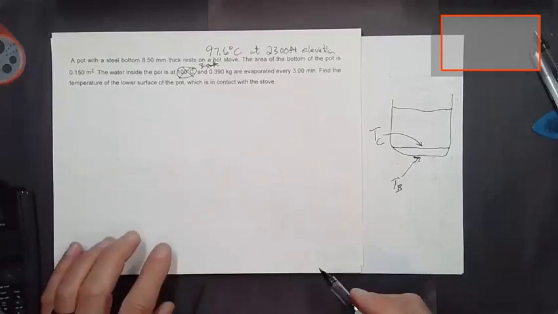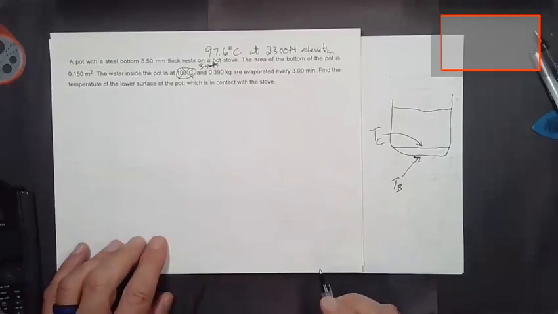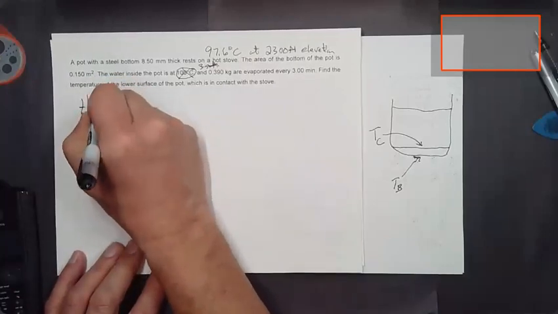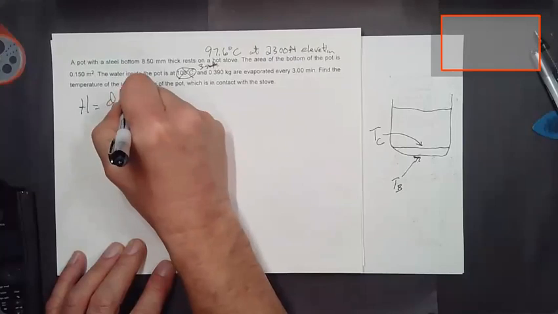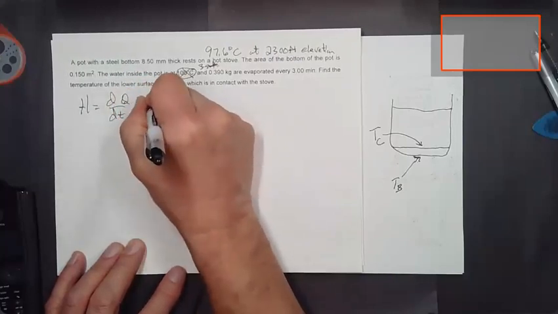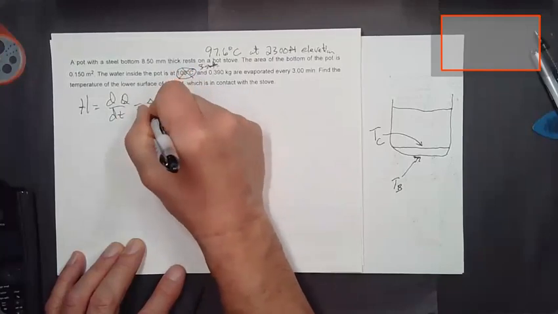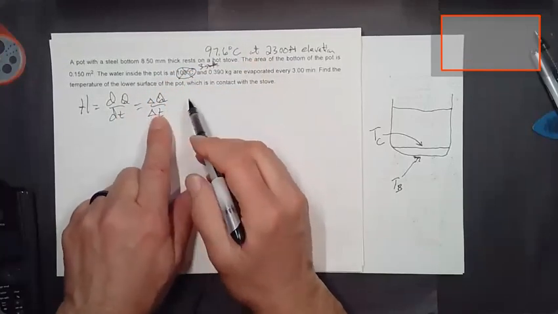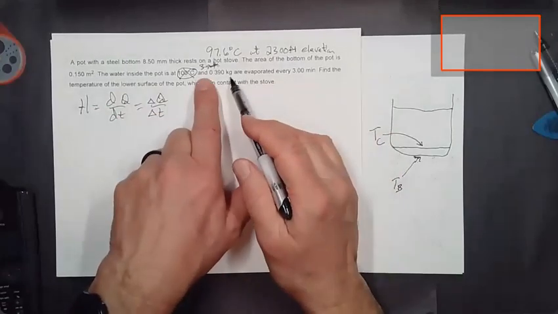So we can calculate what the heat flow has to be. H, which is dQ/dt, or in this case, it'll be delta Q over delta T, is going to have to be enough to evaporate that much water.